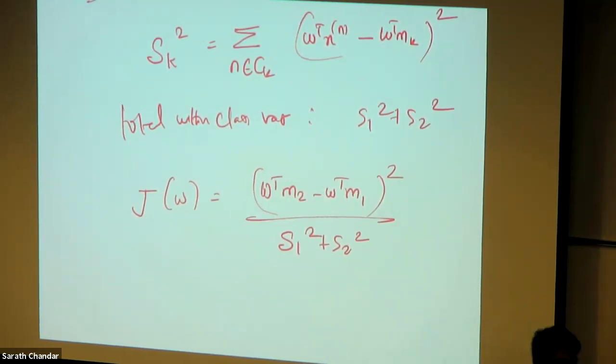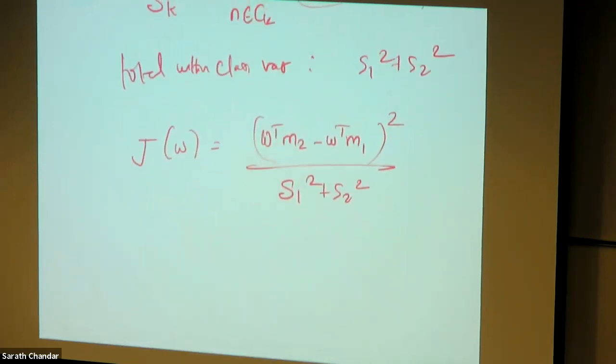So the goal here is to find that particular line which maximizes the distance between the means of the two classes and at the same time minimizes the variance within the classes. Is that clear? Any question about this?